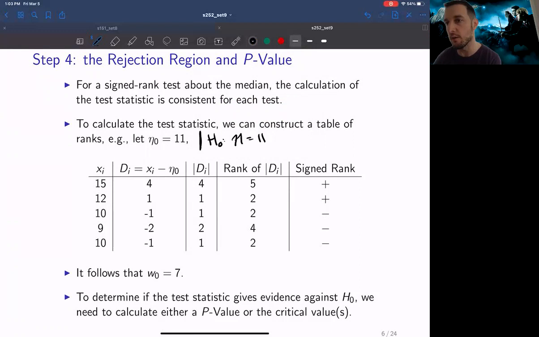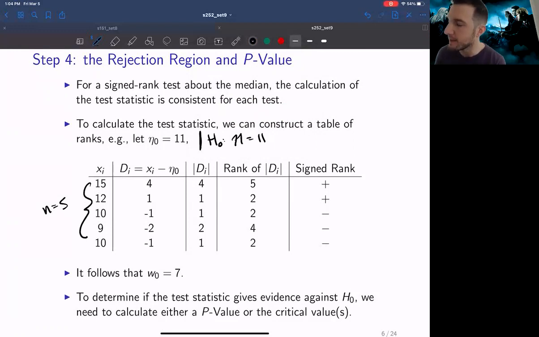But this is the general idea. Suppose that we have a data set with 5 observations. To compute the test statistic, we count the number of values that are above the median, and we add their ranks together.